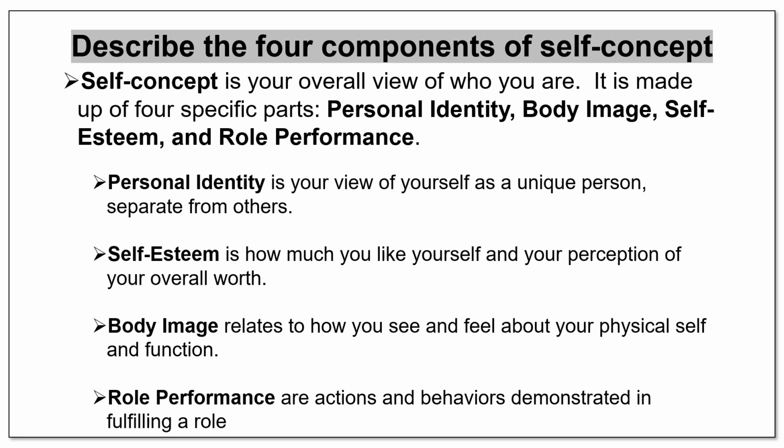When these roles start to compete or feel overwhelming, role strain or role conflict can occur. Together, these 4 components, identity, self-esteem, body image, and role performance, form the foundation of self-concept. As nurses, we need to recognize how illness or stress can affect each one so we can support our patients holistically.